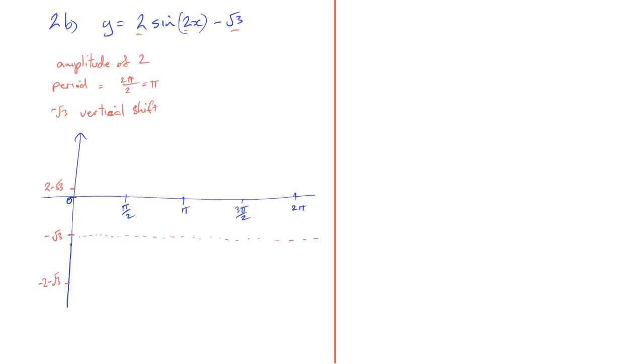So our peak and our trough. So our amplitude goes up 2 from negative root 3 and down 2 from negative root 3. Now the other thing to remember is our period has been halved. So let's go back to that, and it's halved, so I'm going to put in pi on 4, 3 pi on 4.